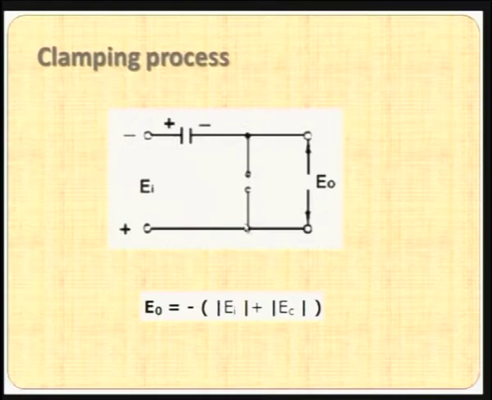So, there is a voltage dropped across the two terminals of the diode, and when we write the loop theorem here, EI is one potential drop, EC is another potential drop and E naught is the other potential drop. When we write them, we get an equation like this. The output voltage E naught is the negative of the summation of these two instantaneous potentials EI and EC. Here EC is the potential drop across the capacitor.